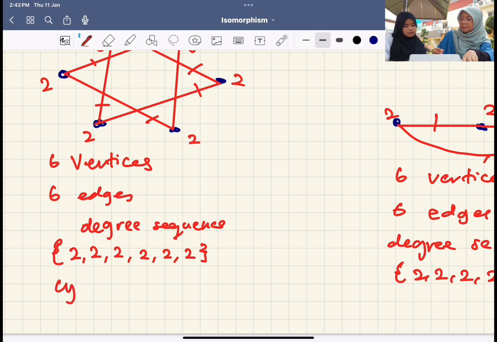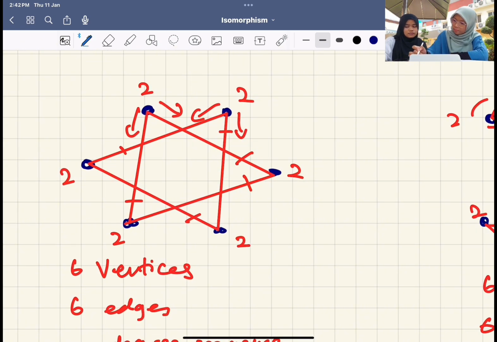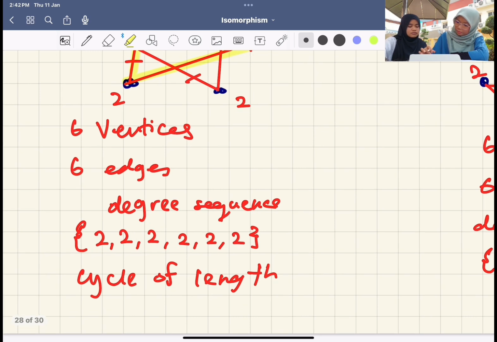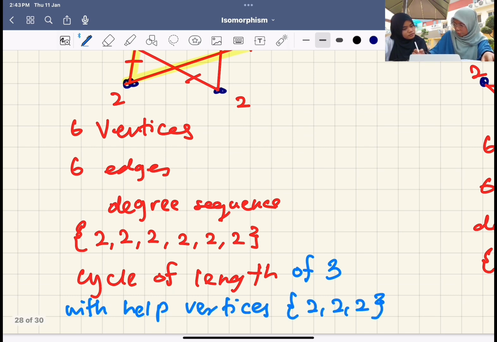Okay, the last condition is cycle length. I need to put the highlight. 1, 2, 3. This is also 1, 2, 3. So we can say that the cycle length is 3, with the help of vertices of degree 2, 2, 2.